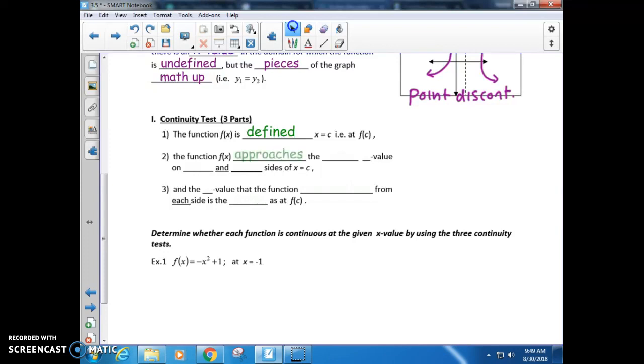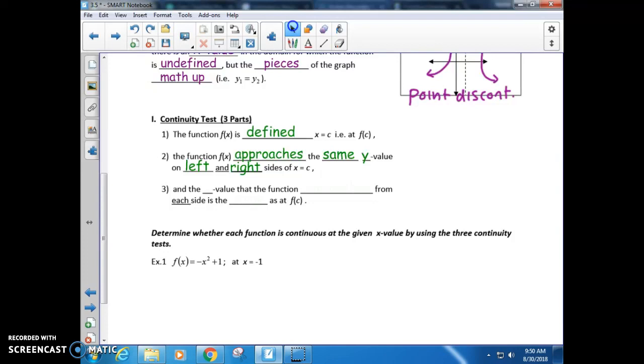And then I'm saying, as it approaches, or will it approach the same y value on the left and the right sides? So basically, are we going to come to the same value if I test it from the left and I test it from the right? And we do that by using values that are slightly off.